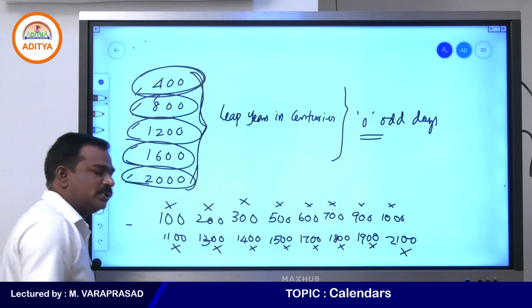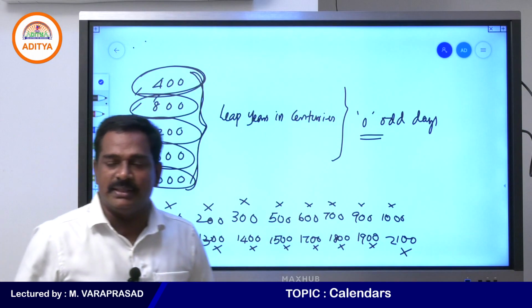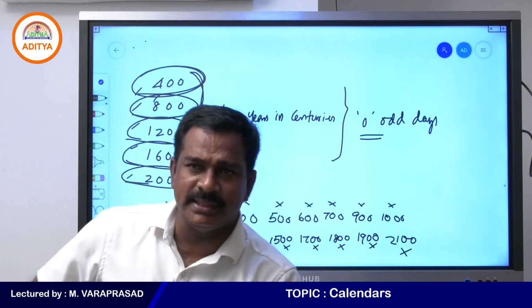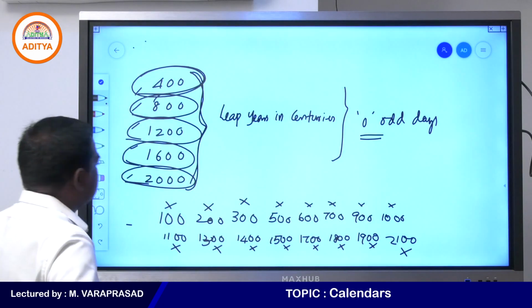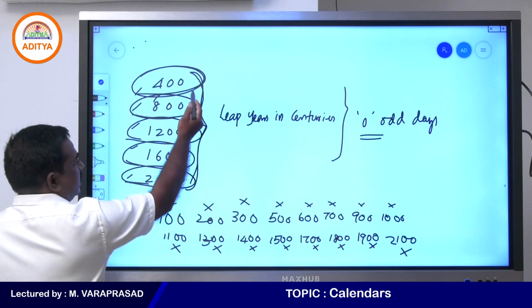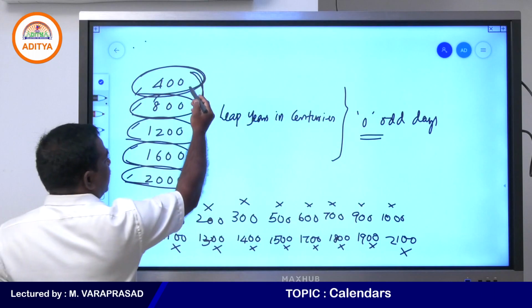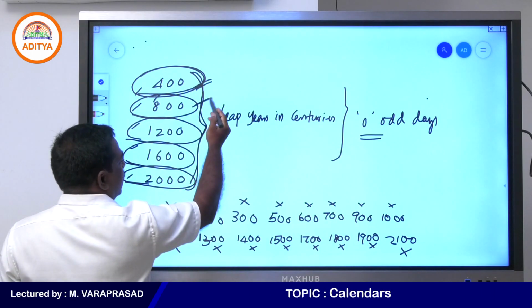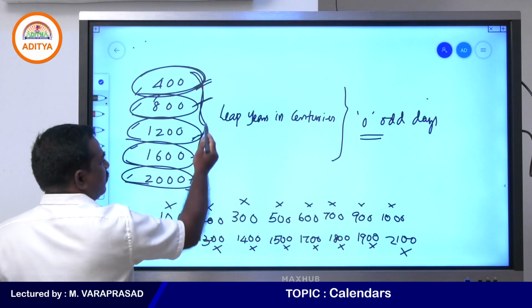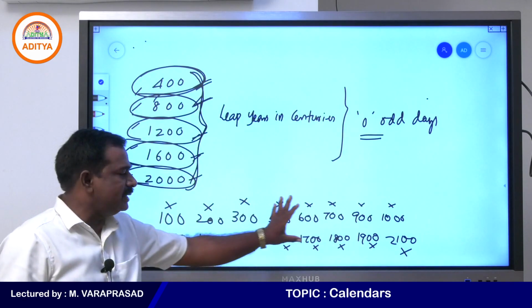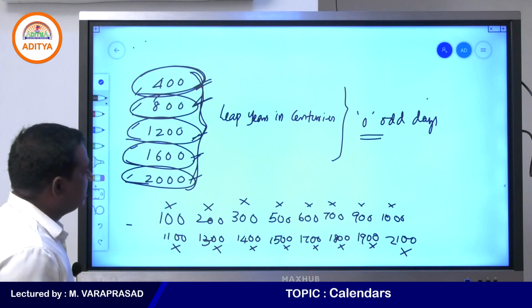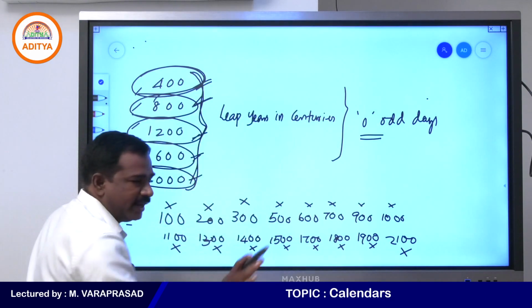Century means 100 years, 200 years, 300 years, all those are centuries only. These are the 5 years in centuries which belong to leap years. Remaining centuries are not leap years. So why these will have 0 odd days, I will explain.